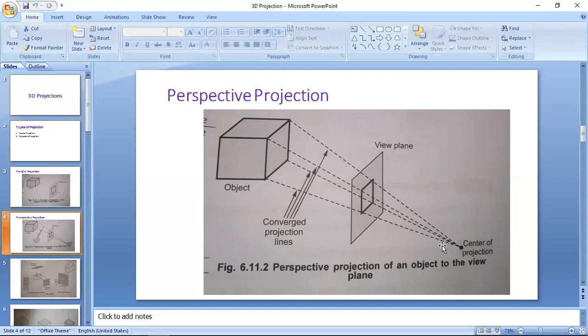This can be a one-liner question or important from the multiple choice questions point of view. So remember the difference between these two main types of projections, parallel projection and perspective projection.